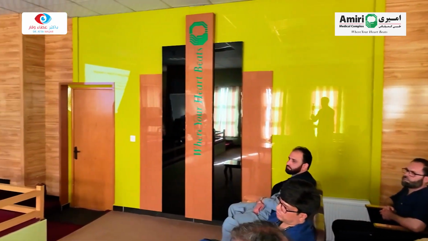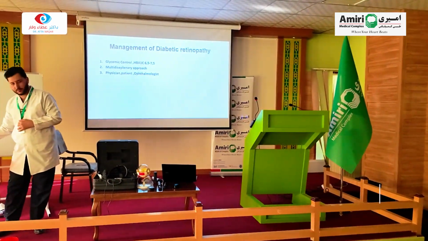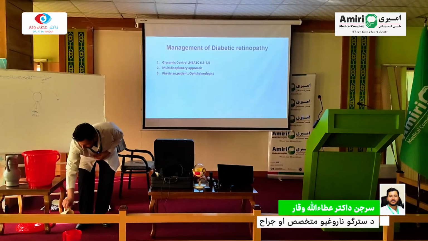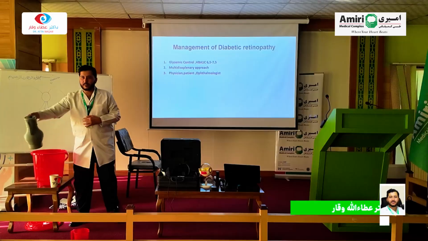If there is some kind of diabetic macular edema, this patient already has diabetic macular edema. Okay, I am just removing 1 cup of water from this as ophthalmologist. I have removed it with my injection.